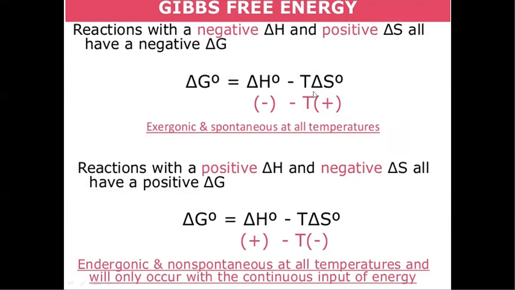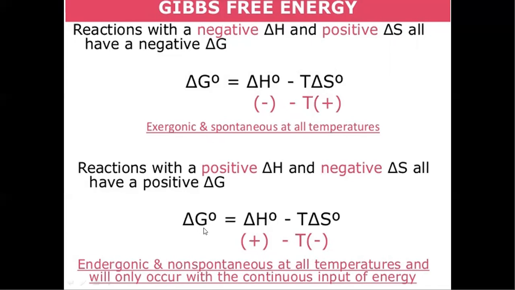And delta S values depend mainly upon disorder, and if the molecules are more disordered, then it gives positive values. In this case, minus delta H values and plus delta S values, the system gives exergonic reactions and spontaneous reactions.